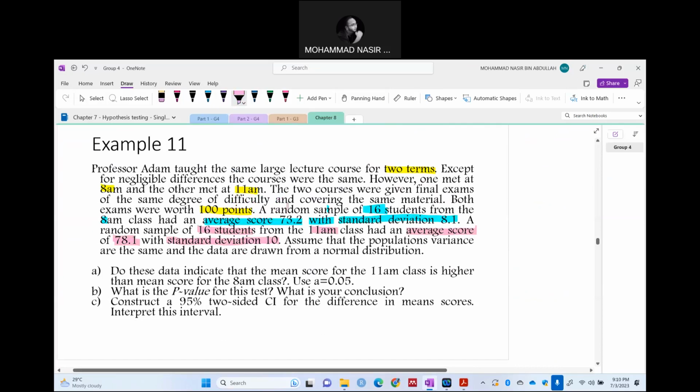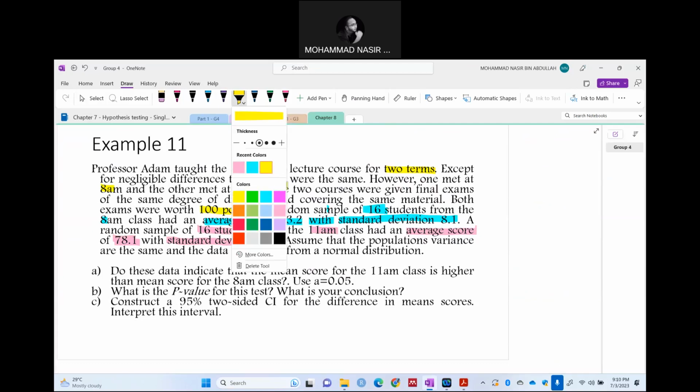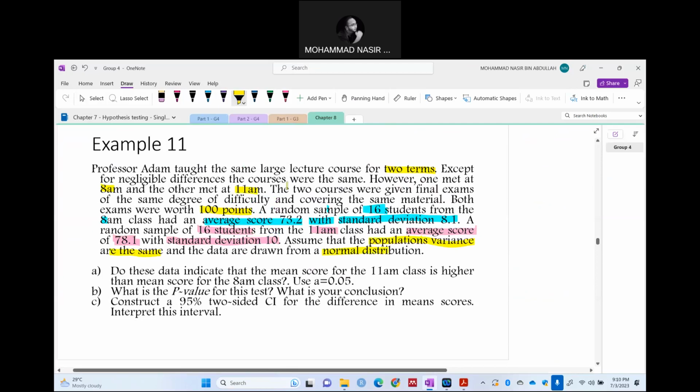So we assume that the population variances are the same. So this is the condition. We assume the population variances are the same and the data come from a normal distribution. So let's take down the points. n1 equal to 16, n2 also equal to 16.